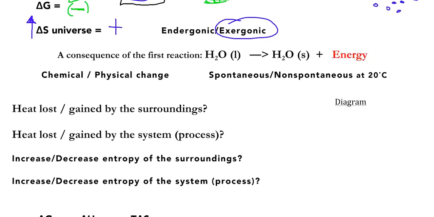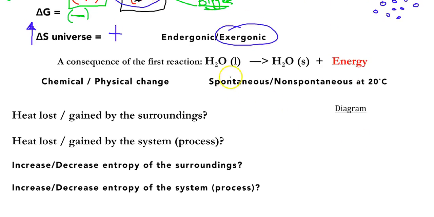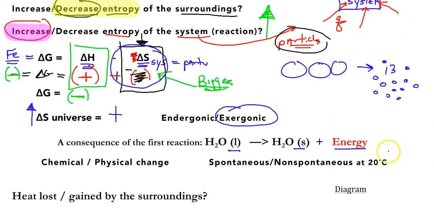Now, a consequence of the first reaction is that we made liquid go into a solid and it released energy. How do I know it released energy? Now, we didn't say free energy, because if this is the water, it lost energy to the system, lost so much energy, became a solid. Is this a chemical or a physical change?